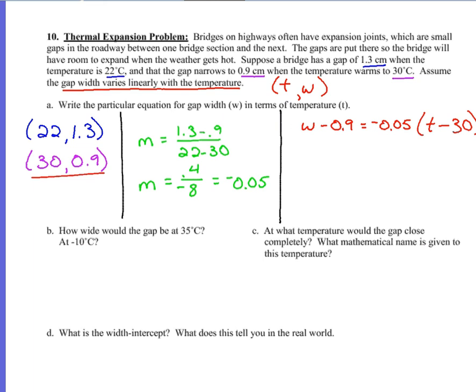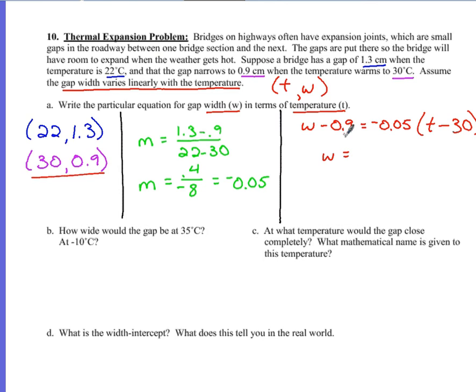Now, as equations of lines go, that's okay. But we do want to write an equation that is representing a function here for a width in terms of a temperature. So it would make sense to solve this for W, because W would then equal everything in terms of T. So solving for W, W is going to equal, I'm going to add my 0.9 over.